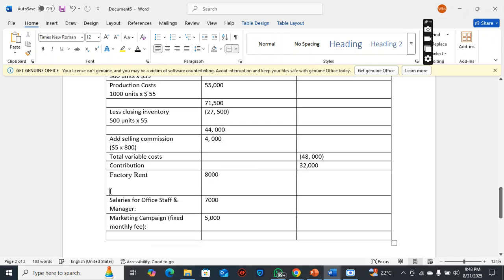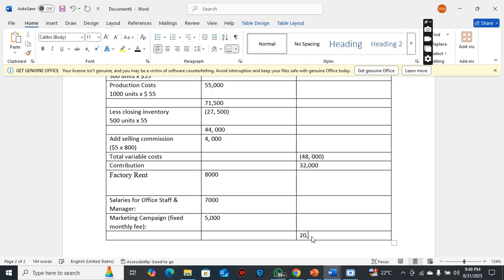So we just total up our fixed costs: 8,000 plus 7,000 plus 5,000. We get 20,000.